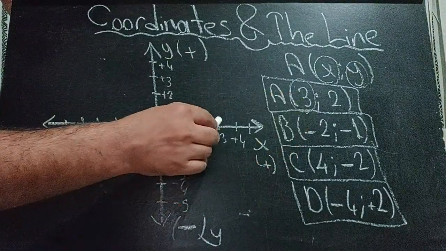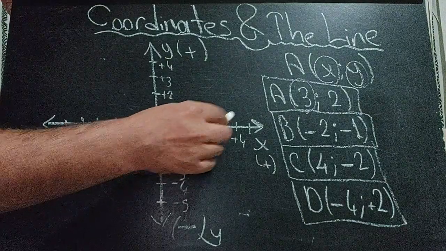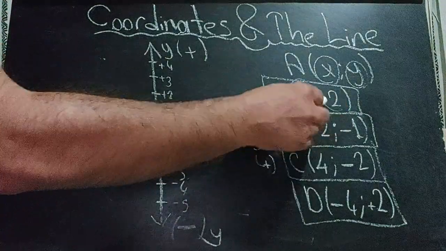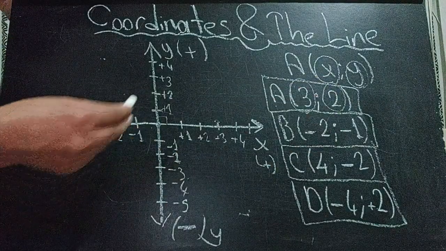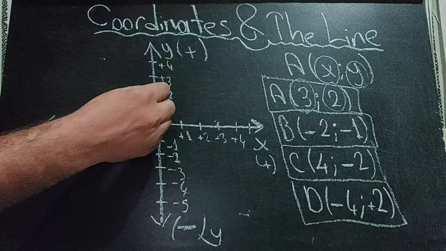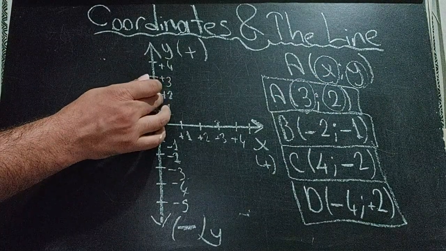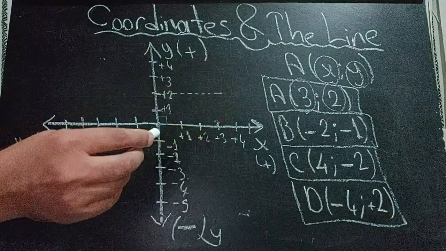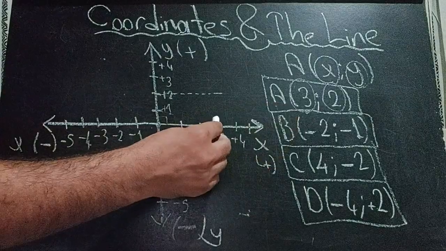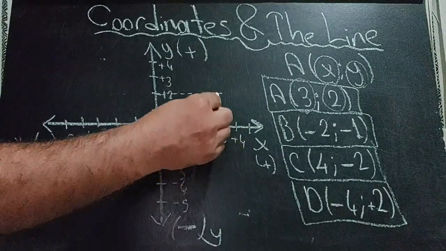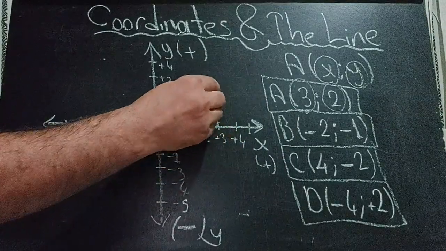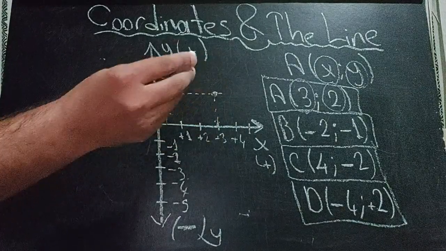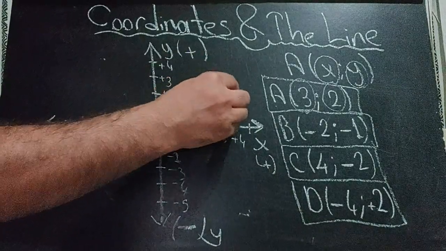That means this point. Okay, and my point for y is 2. So you are going to extend this for y horizontally like this, and for x vertically like this, and they will meet each other at a point, and that point will be A, 3, 2.